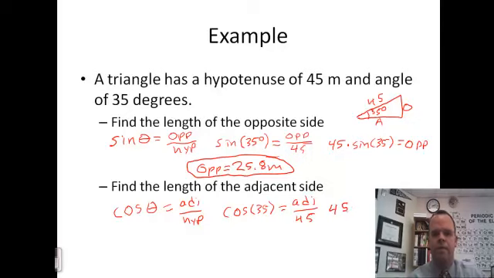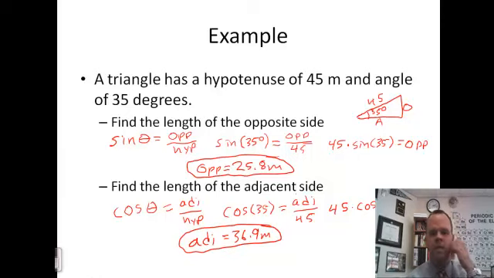So 45 times the cosine of 35 equals the adjacent. Plug that into our calculator. 45 times cosine 35. We get 36.9. So the adjacent side is 36.9 meters.